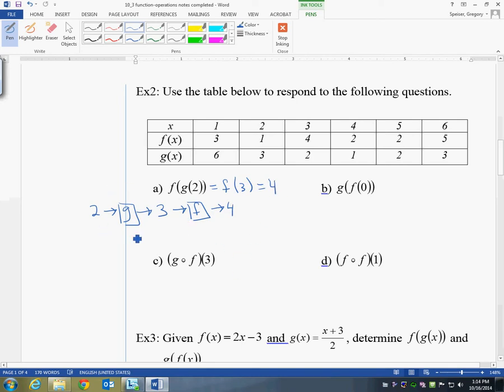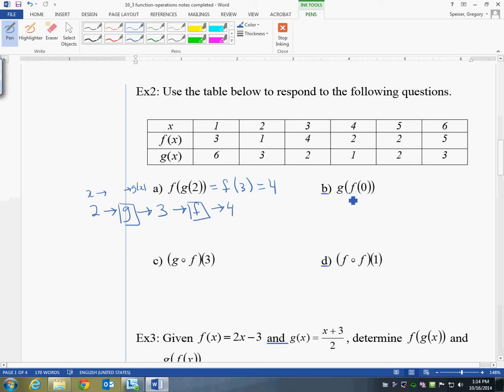This is what I'm doing mentally, right? So what goes in is the x value, what comes out is, in this case, g of x. So the g of x turns into my x that goes into my f function. So x goes in and then g of x comes out, right? And that's what comes out. 3 goes in, a 4 comes out.